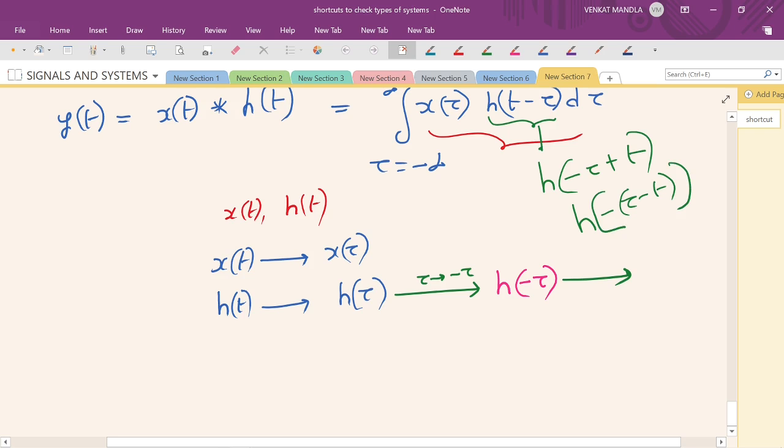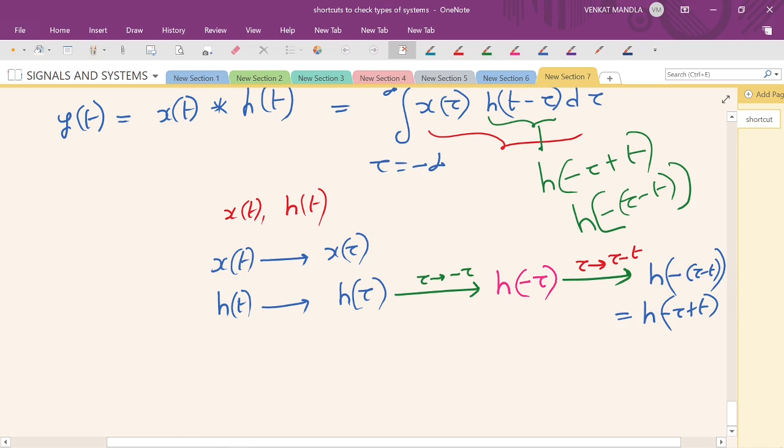So now tau changes to tau minus t. Wherever tau is there, replace tau by tau minus t, and I will get h of minus tau plus t. So this is what I need, h of t minus tau.